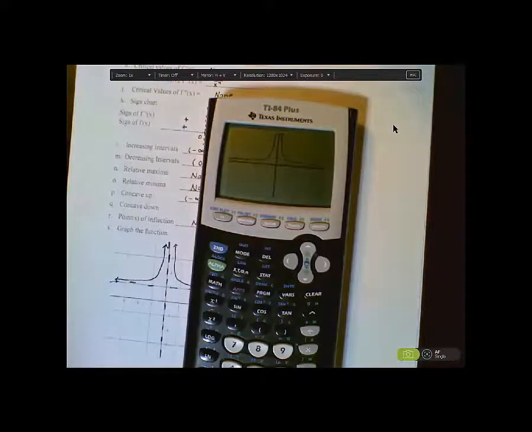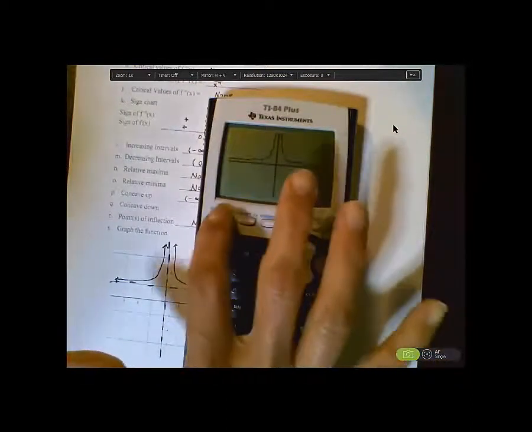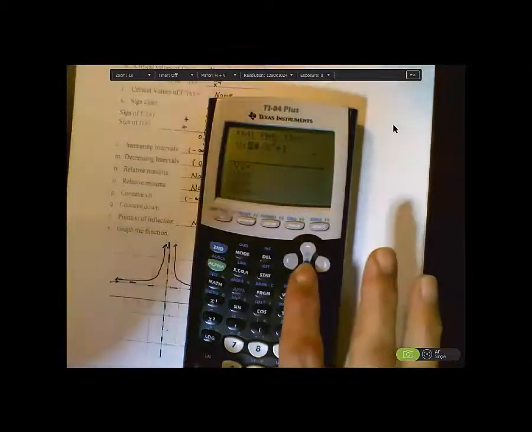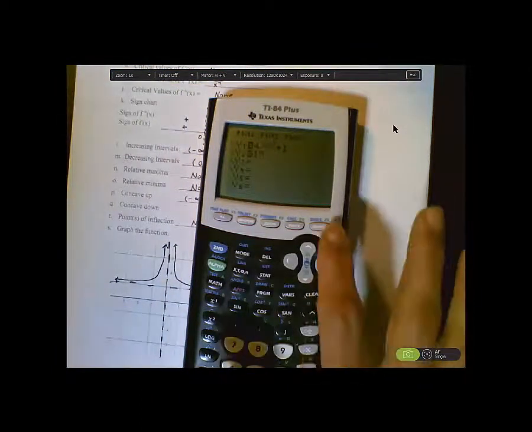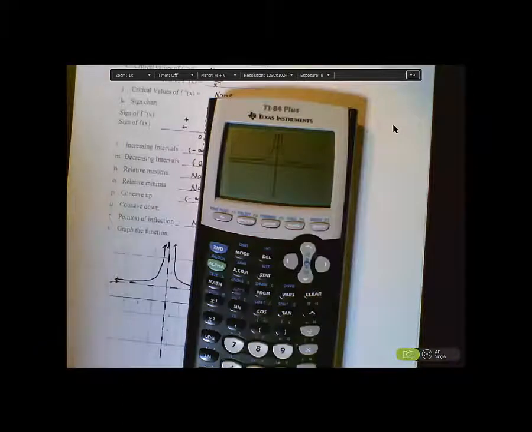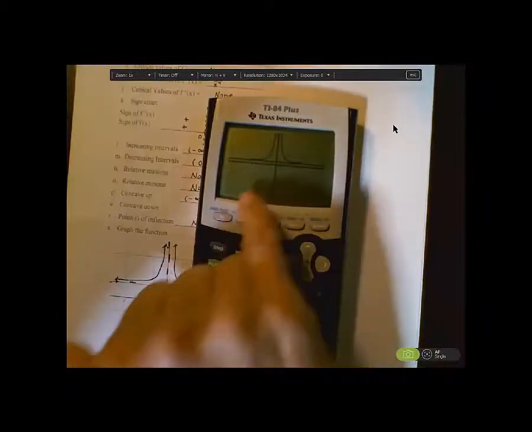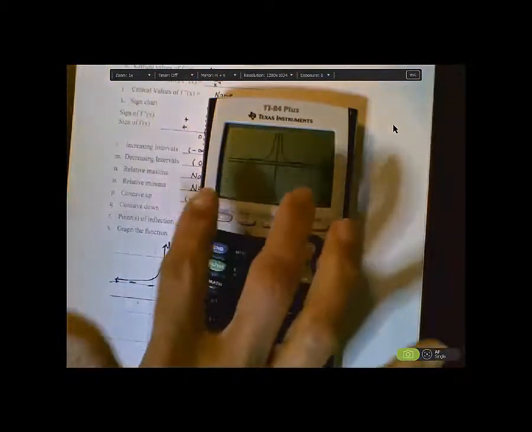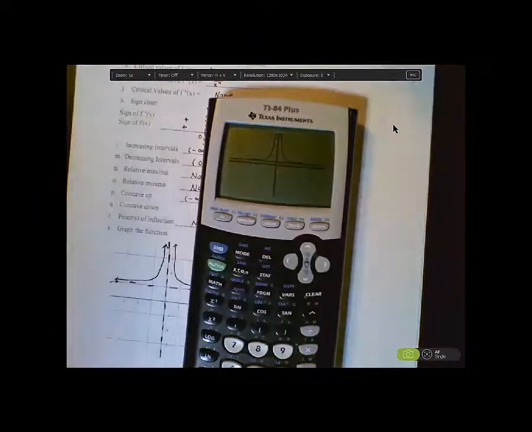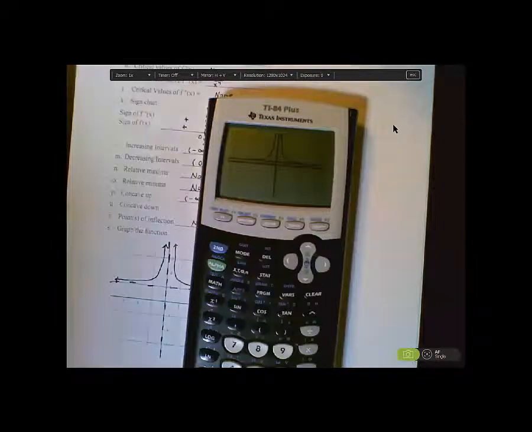That's pretty much what our graph looks like. If I wanted to see the horizontal asymptote, then I could graph it as a second function. Let y2 be y equals 1. And there's my horizontal asymptote. The graph's getting so close to it that out past about negative 5 and positive 5, it looks like the graph just coincides with the horizontal asymptote, but actually it's getting closer and closer.